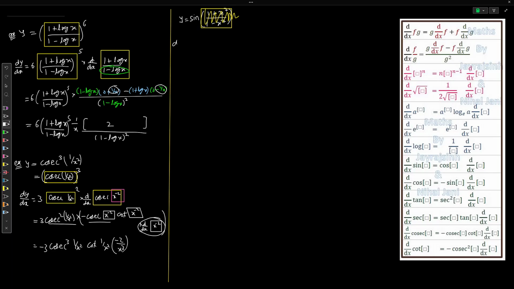So differentiation of sine box will be, yes, cos box into d by dx of box. Okay, ignore the box. What we have within the box is 1 plus x raised to 7 upon 1 minus x raised to 7.